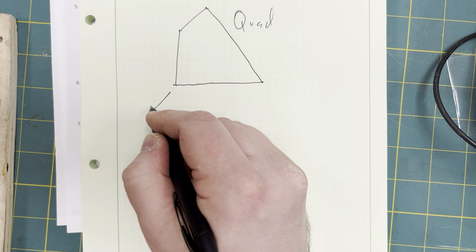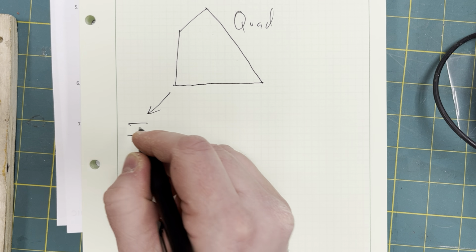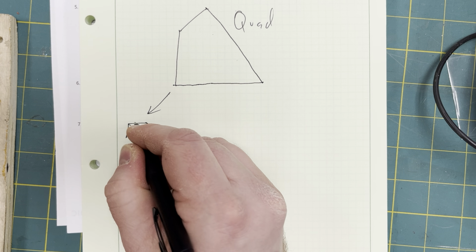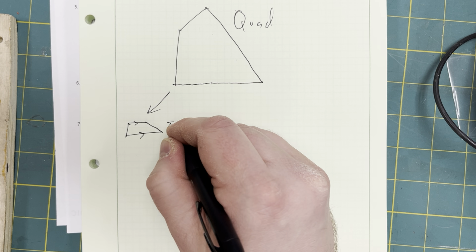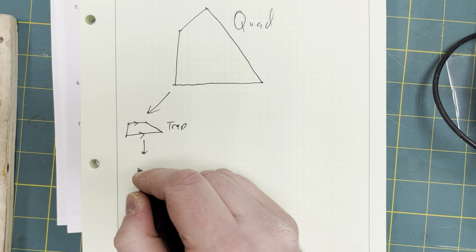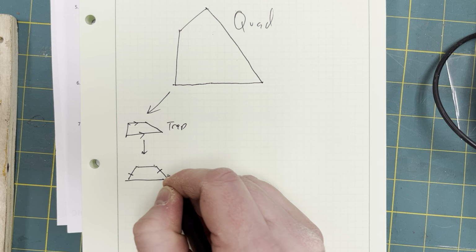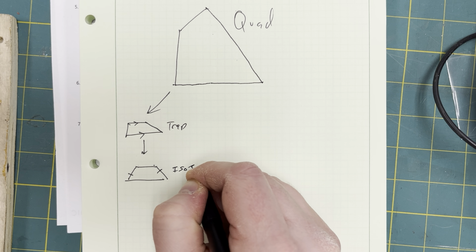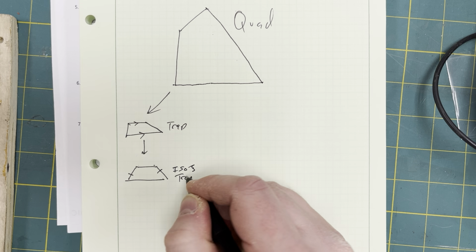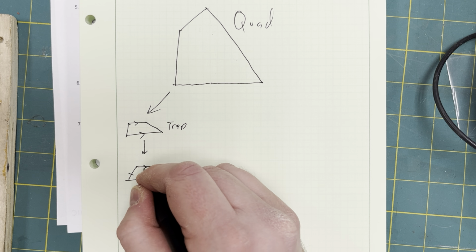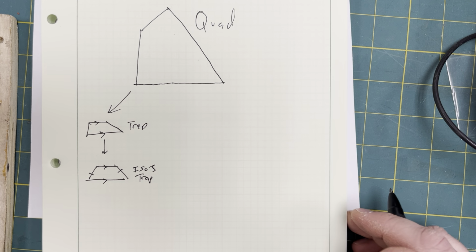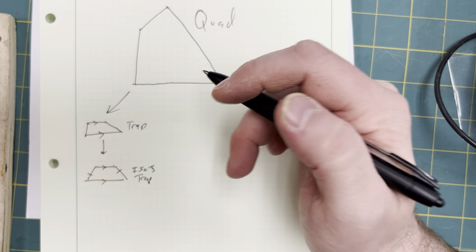And then the 2 options there, we have 1 set of parallel lines and you get a trapezoid. And then you have the 1 set of parallel lines and then the congruent sides that go with it. And this is the isosceles trapezoid. So that was the one side.